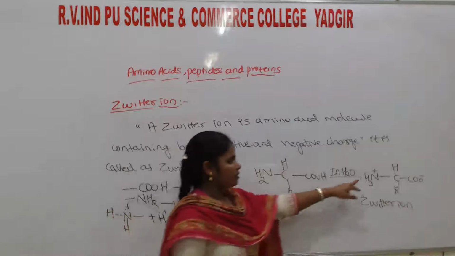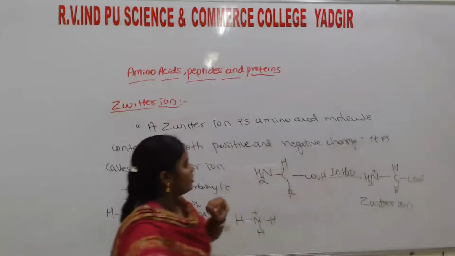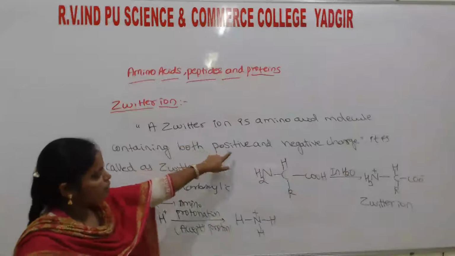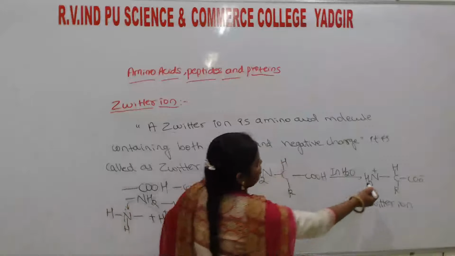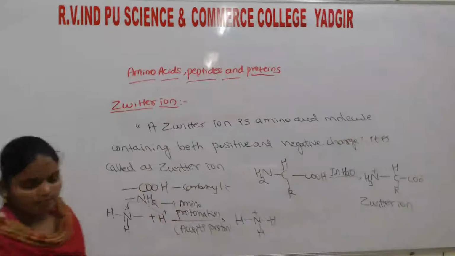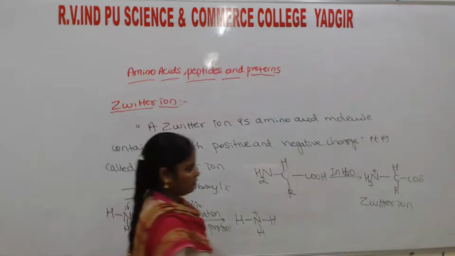Here there is a positive charge and a negative charge. This Zwitter ion contains both positive and negative charge. A Zwitter ion is also known as a dipolar ion.